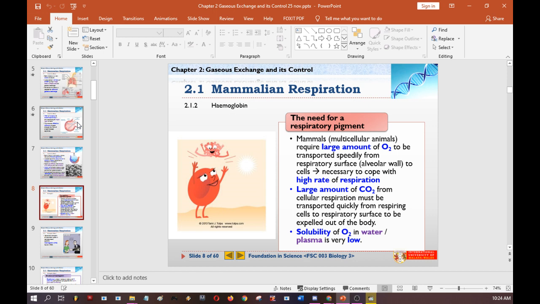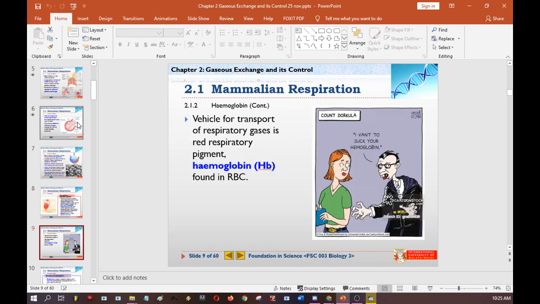The pigment allows O2 to dissolve into the water, which is our blood. In this case, our pigment is called hemoglobin. The vehicle for transporting gas is hemoglobin.